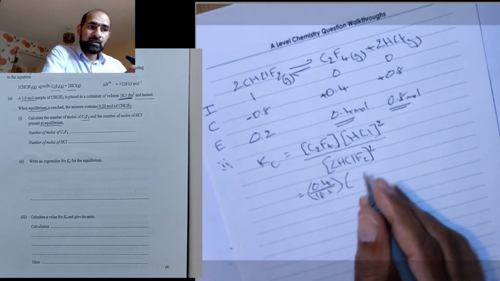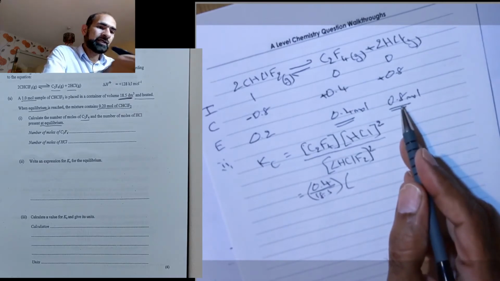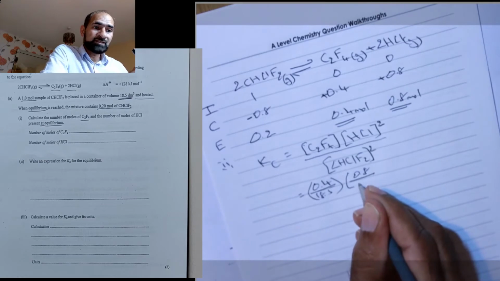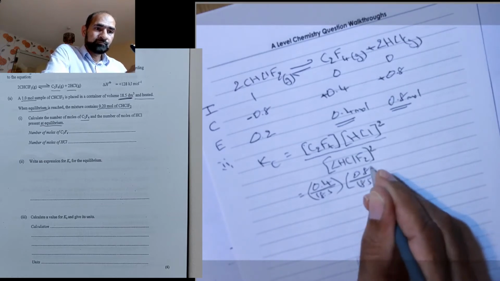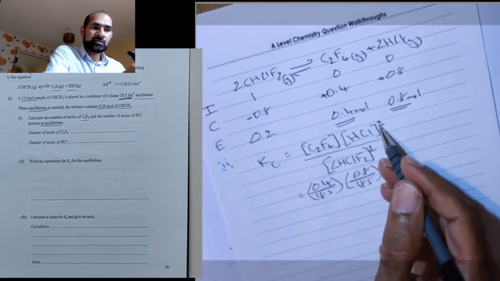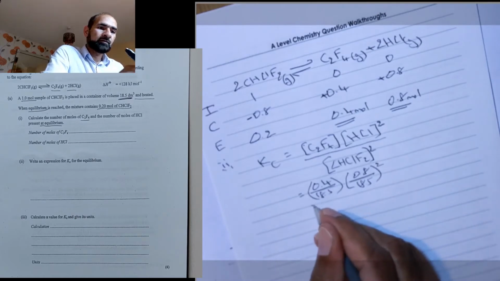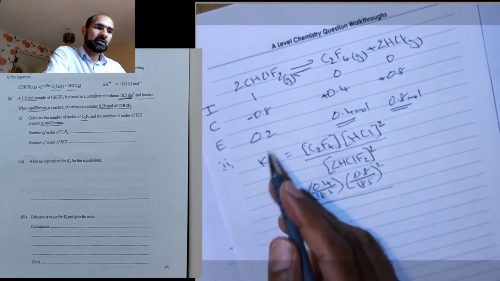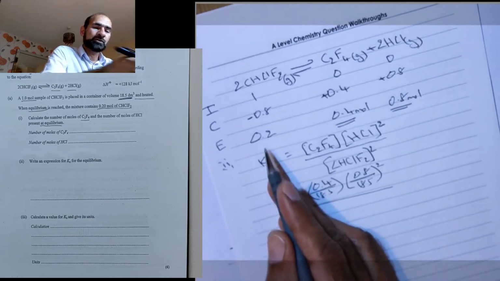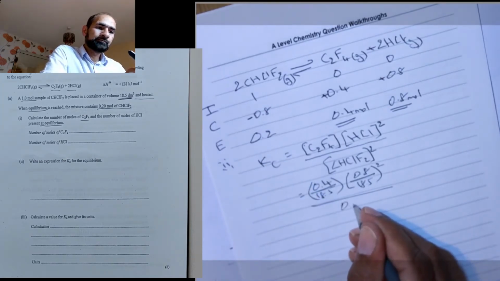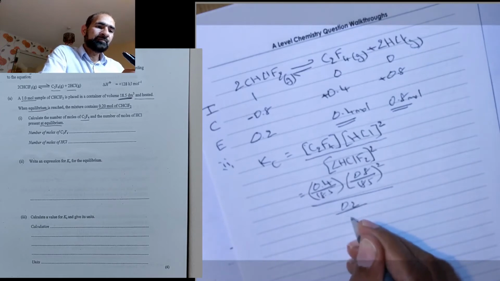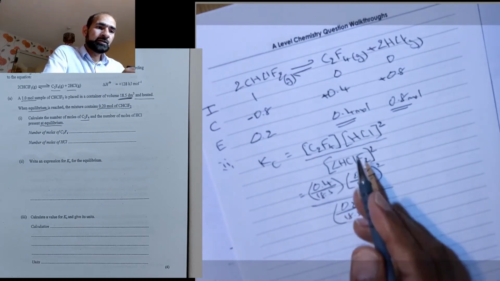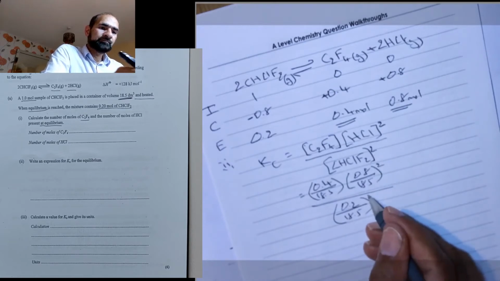Next one is HCl, which is 0.8 moles divided by the volume, same volume, and of course, remembering that this is squared. And of course, divide that by the concentration of that, which is 0.2 at equilibrium, 0.2 divided by, again, same volume, but remembering also to put squared there.